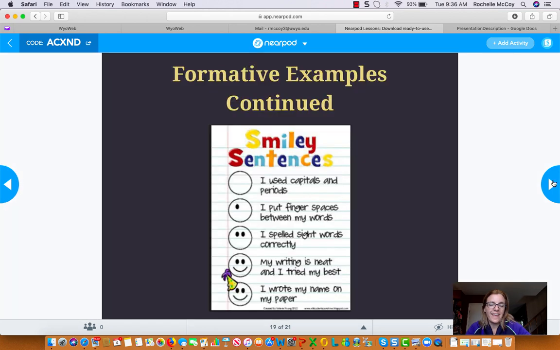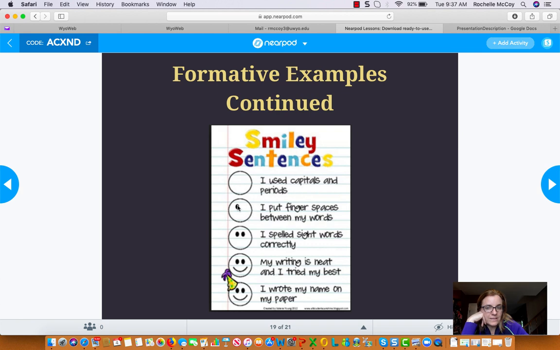Okay, this is probably one of my favorites just for creativity. Smiley sentences. I mean, that could have been your performance task. It could have been, this week we're going to create smiley sentences to make students feel better in class. We want to make everyone smile. Something fun like that. And then as they go, they get a circle if they use capitals and periods.